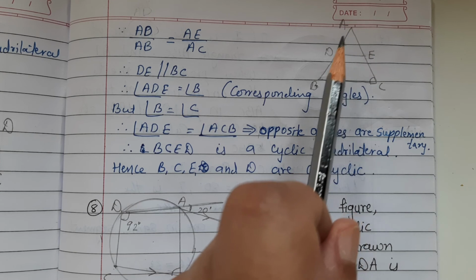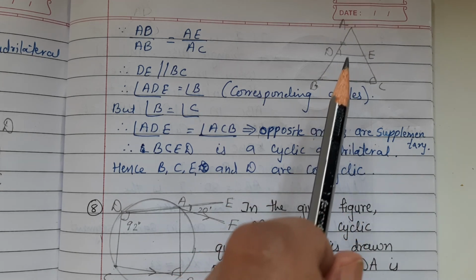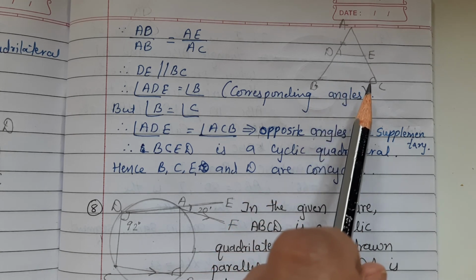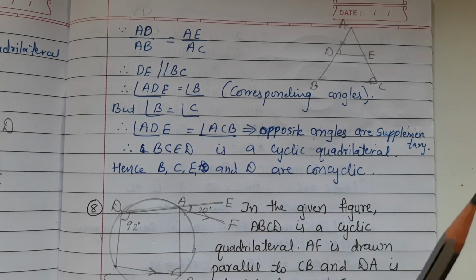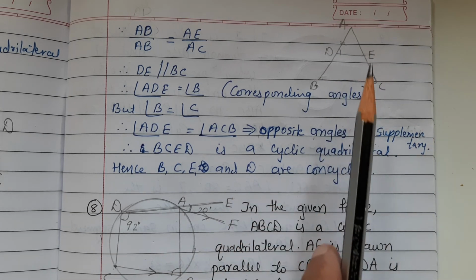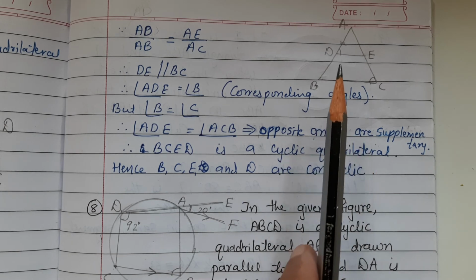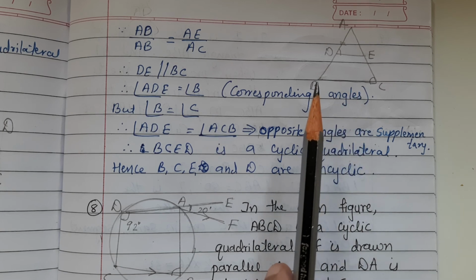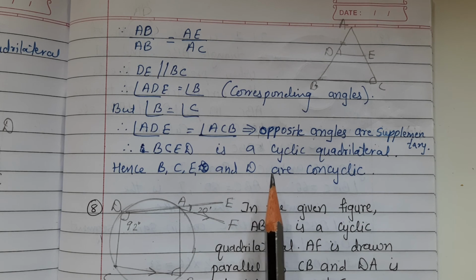Therefore, angle ADE is equal to angle B, but angle B is equal to angle C. Therefore, angle ADE is equal to angle ACB. Opposite angles are supplementary. Hence, points B, C, E, D are concyclic.